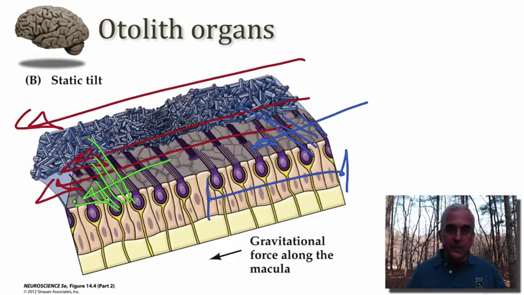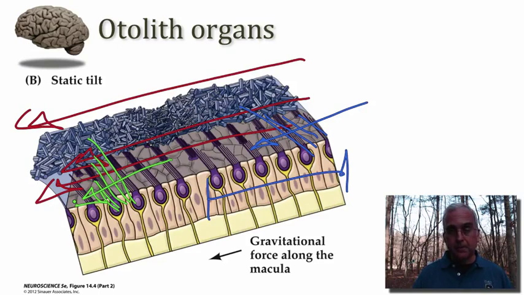So we can think of this symmetry in the macula of the otolith organ as being somewhat analogous to the on and the off structure of receptive fields in the retina. Only here now, rather than there being a physiological explanation, there's really a biomechanical explanation. The on and the off, or the hyperpolarization and depolarization, simply has to do with this axis of symmetry that runs through the membrane.